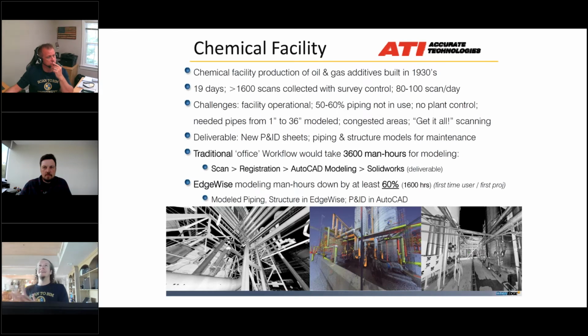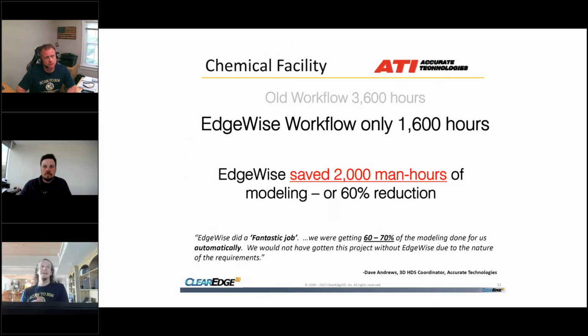This is something that this company does every day. Their job is to do scan to BIM on chemical plants, and it's not an easy button, but if you've got a chemical plant, you've got 1,600 scans, you've got tens of thousands, if not hundreds of thousands of pipe runs.